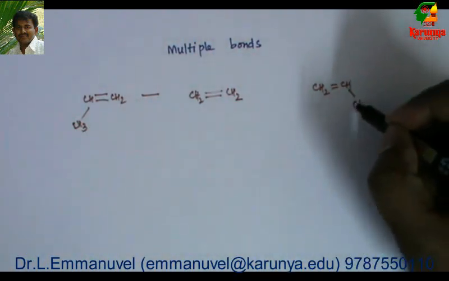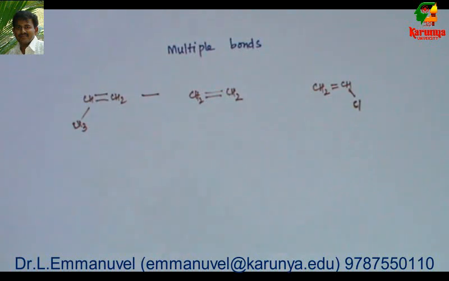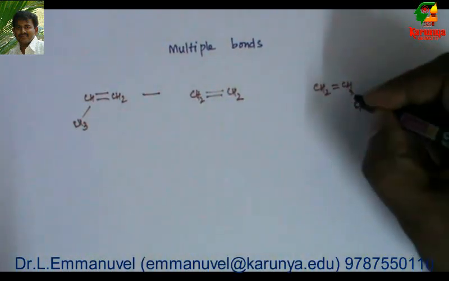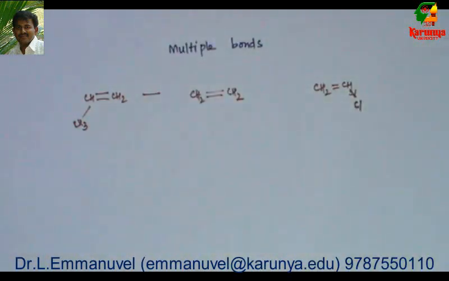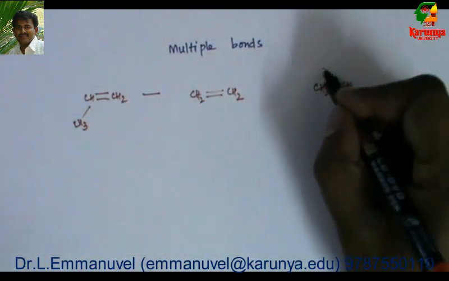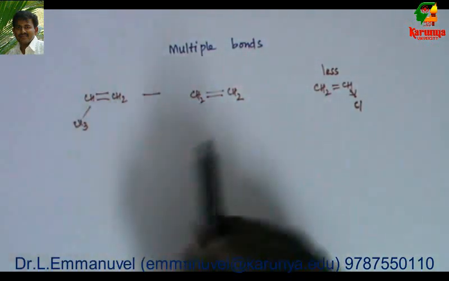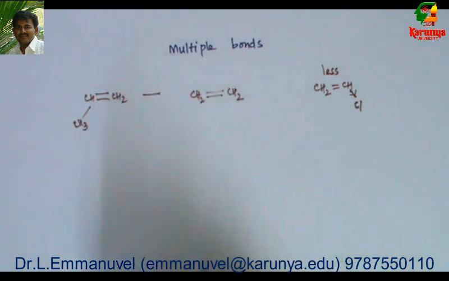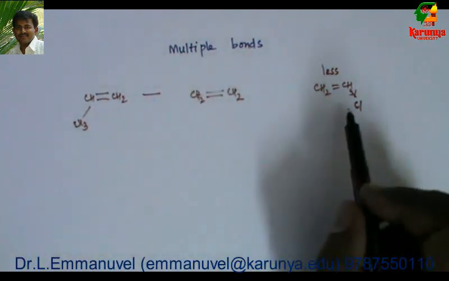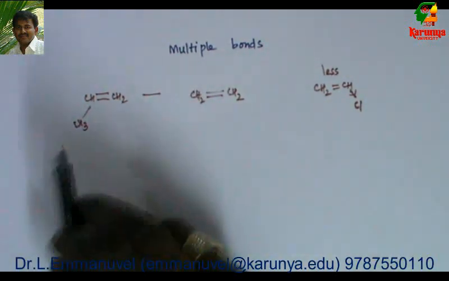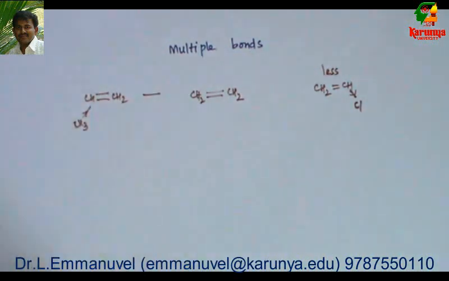Here, this chlorine has higher electronegativity. It tries to pull the electron cloud from the alkene. So because of that, the electron density on this alkene is less than this one. In this, there is no group, no atom to pull the electron density. On the other hand, this CH3 can give some electron density to the alkene.